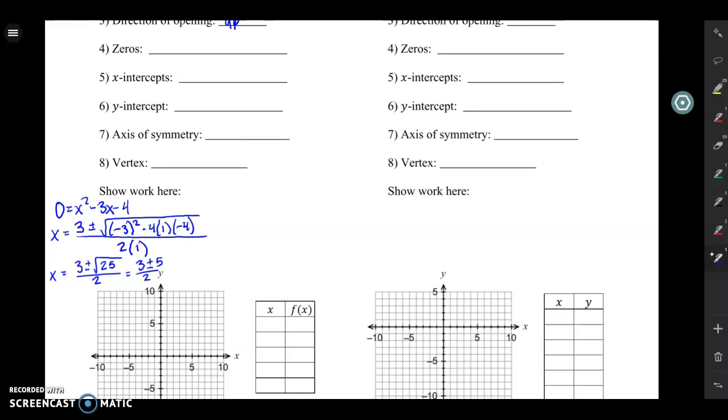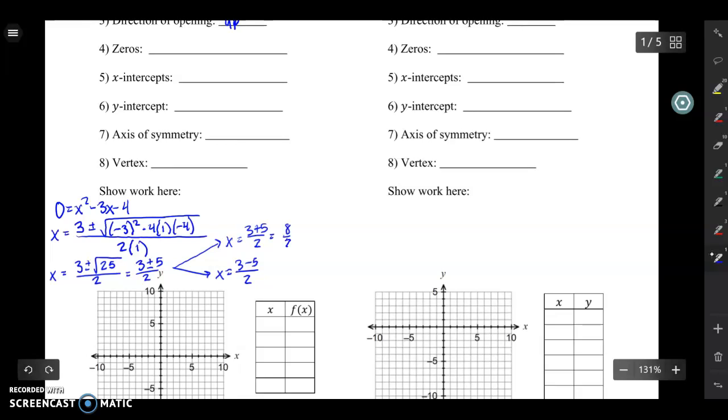Once I get to this point, I'm going to split this up into two different expressions. I'm going to have x equals 3 plus 5 over 2, and then x equals 3 minus 5 over 2. So I'm just taking the positive and the negative version of this, and then I'm going to simplify both.